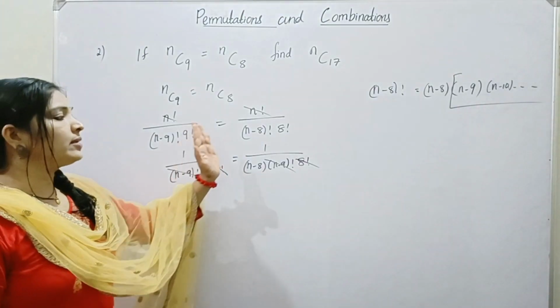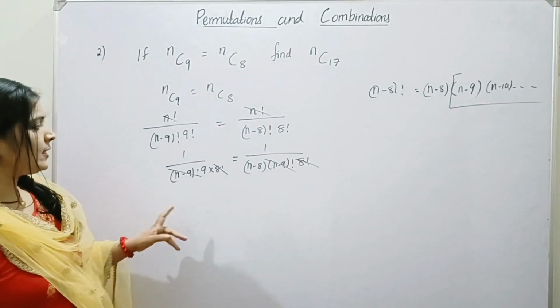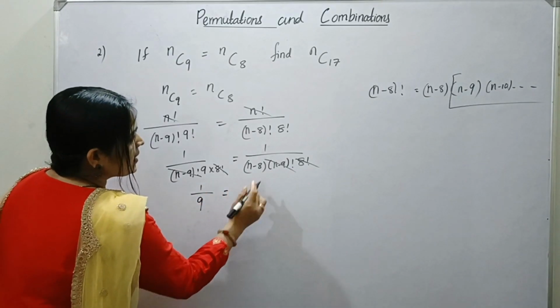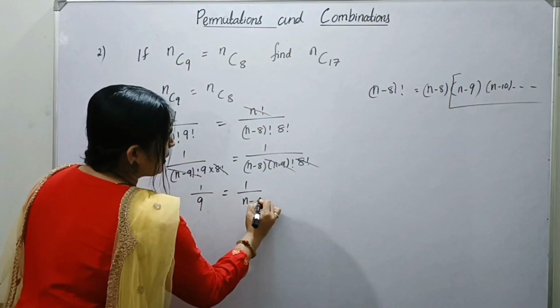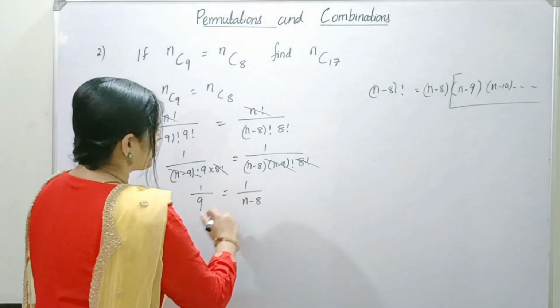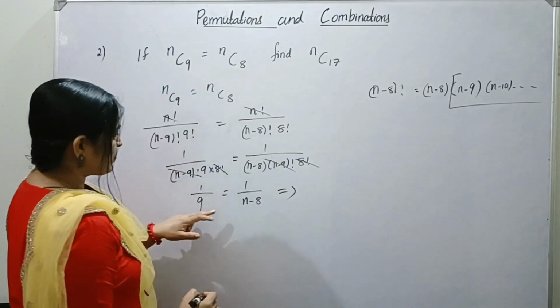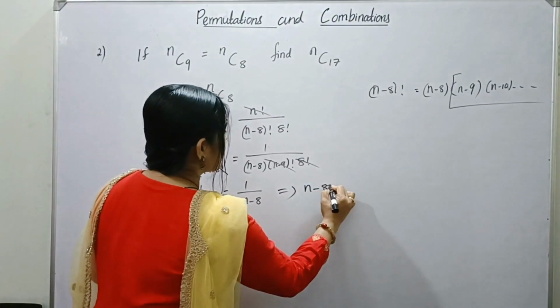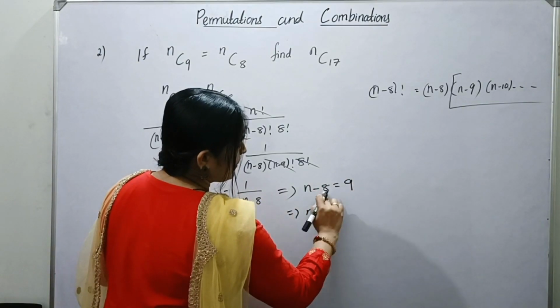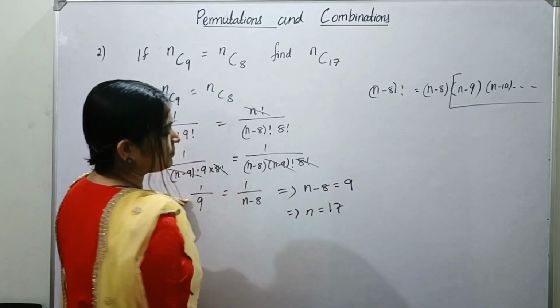These terms are on both sides, therefore they are cancelled. Remaining 1 by 9 is equal to 1 by n minus 8, isn't it? So take cross multiplication. By cross multiplication we will get n minus 8 is equal to 9. That implies n is equal to 9 plus 8, that is 17.